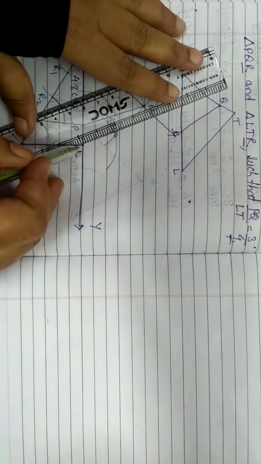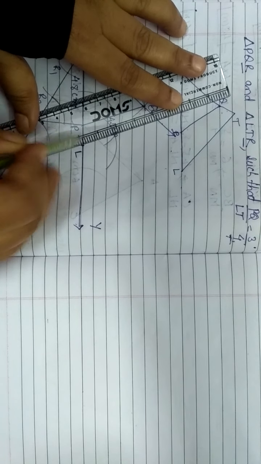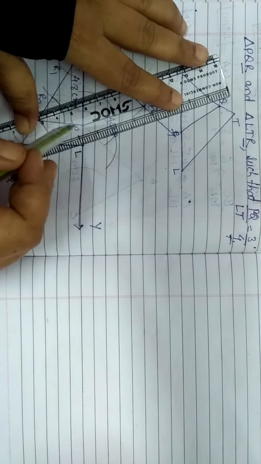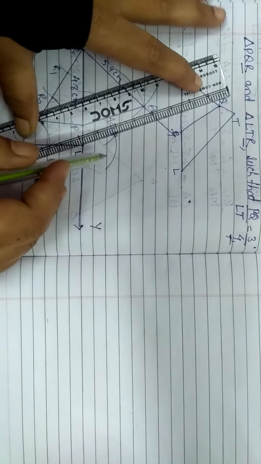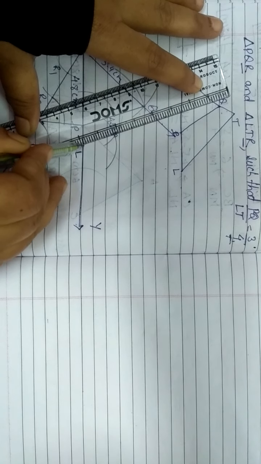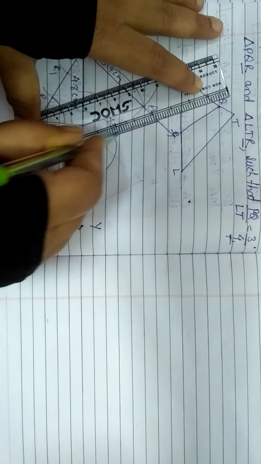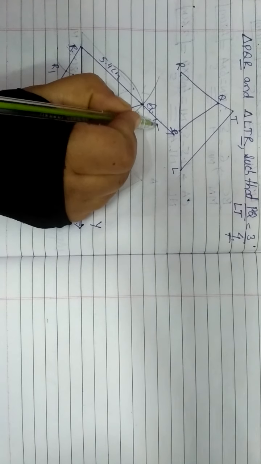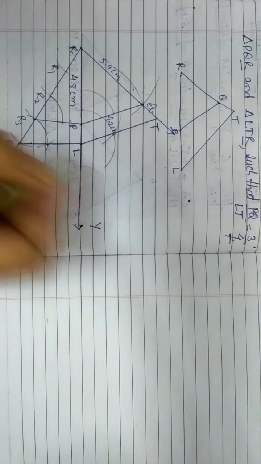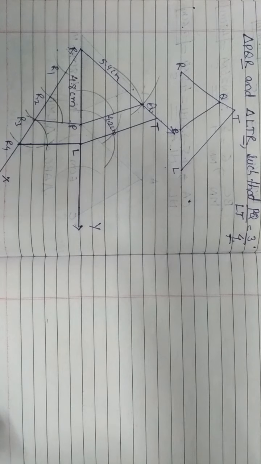Now take your scale and join this and this and pass on to ray RQ there. So here I am passing this. Here we got the point T, and we have completed our construction.